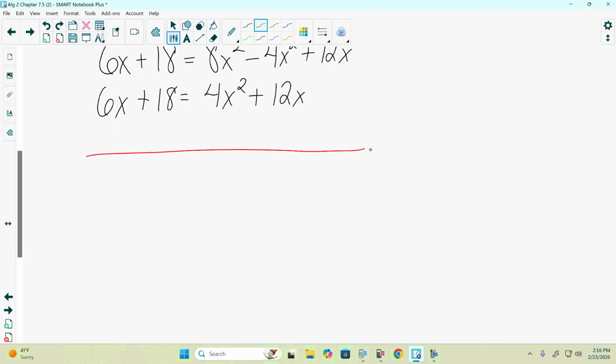And since we do still have an x squared term, we need to get this equation equal to 0. And to do that, it doesn't matter where we start, we can subtract 6x from both sides. Our 6x minus 6x would give us 0 there, leaving us with 18 is equal to 4x squared plus 6x.